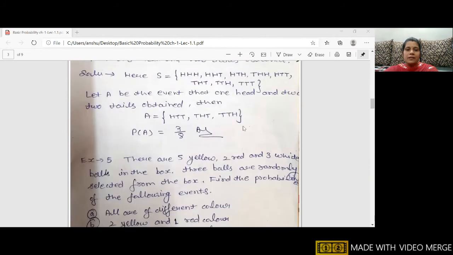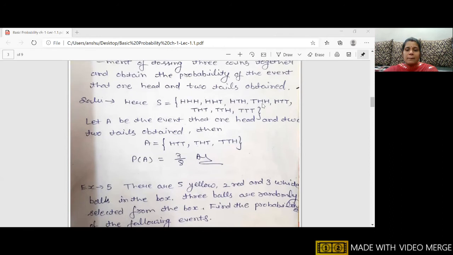The sample space total is 8 and our favorable event is 1, 2, 3. So the probability of A is equal to 3 by 8, favorable event divided by total events.